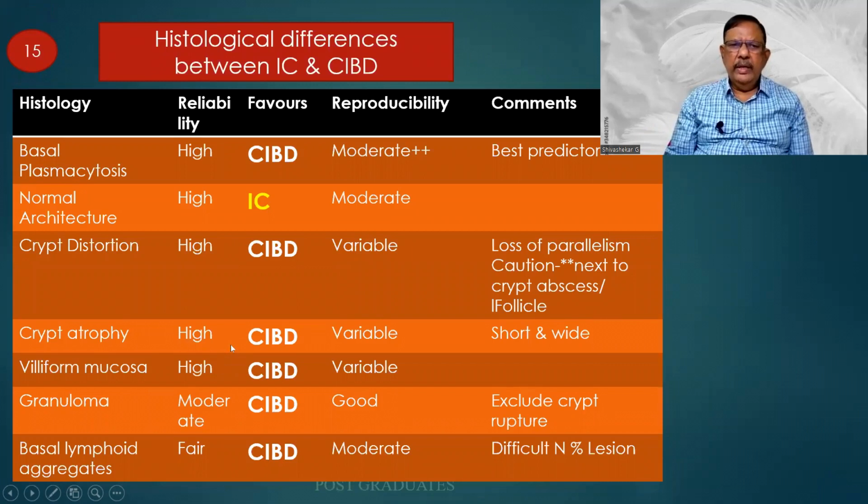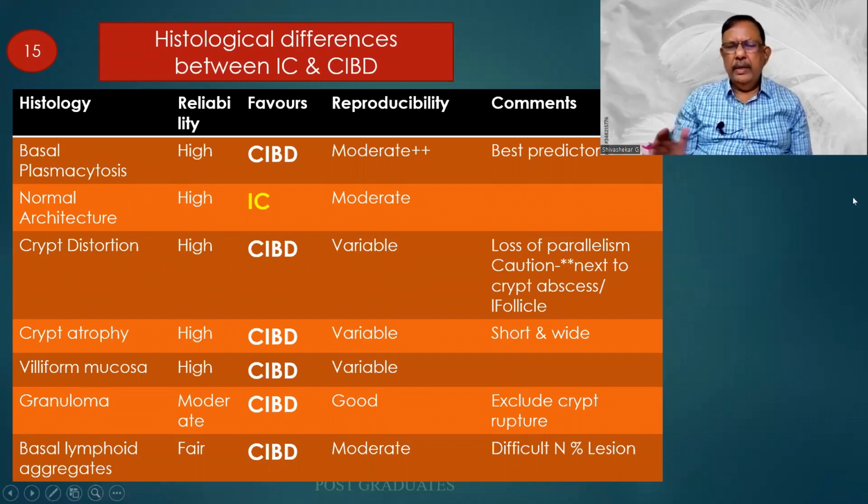As I told you earlier, whenever there is a gross difference, there will be microscopic differences. And think of the subheadings. The subheadings will definitely take you to the answer. Basal plasmacytosis, architectural distortion of the crypts, atrophy of the crypts, villiform mucosa, presence or absence of granuloma, and lymphoid aggregates. These things we shall see.